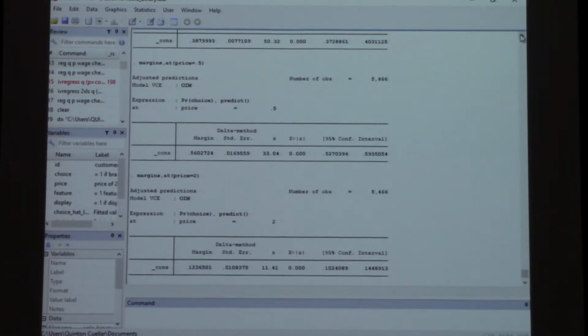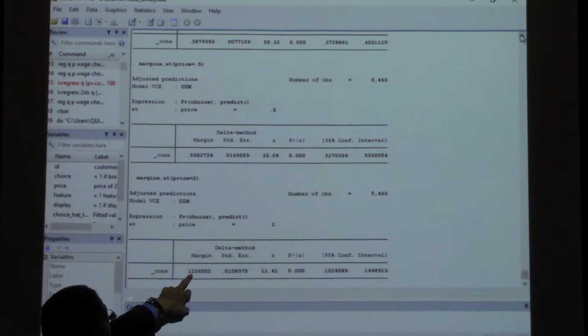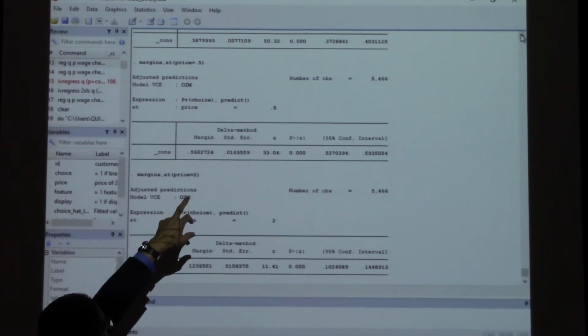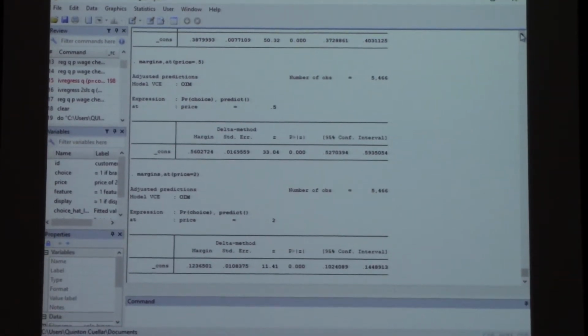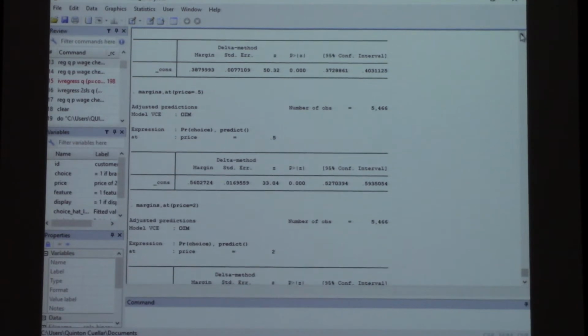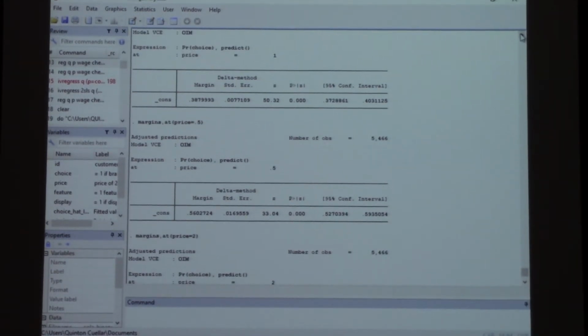But these are basically things you could almost read off the graph. So at a price of $2, the probability of purchase is 12%. At a price of 50 cents, it looks like the probability of purchasing is 56%. I don't remember what the first one was. At a price of $1, the probability is 38%. So basically all we're doing is kind of doing that.